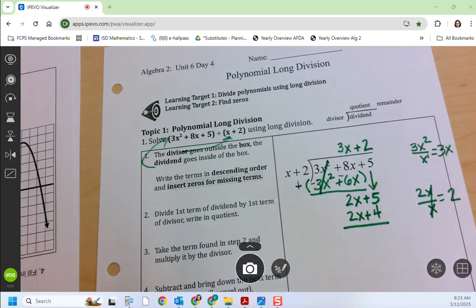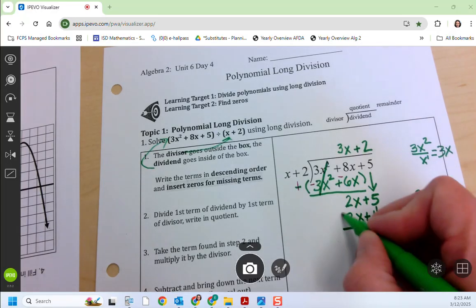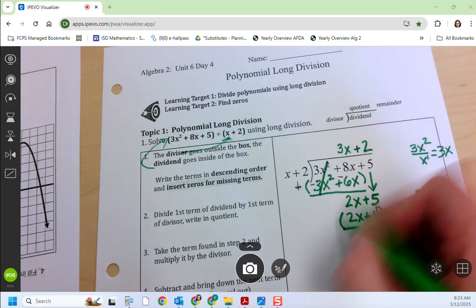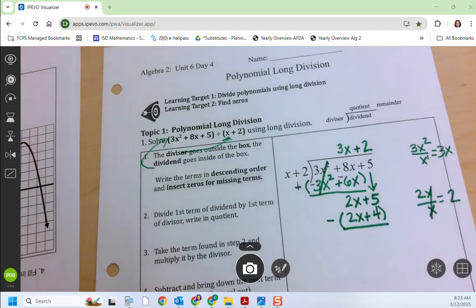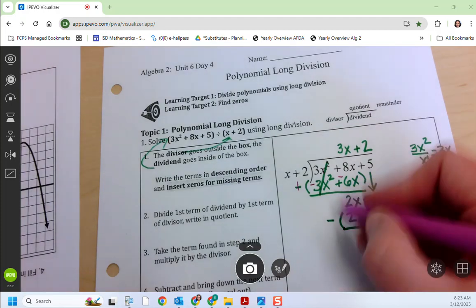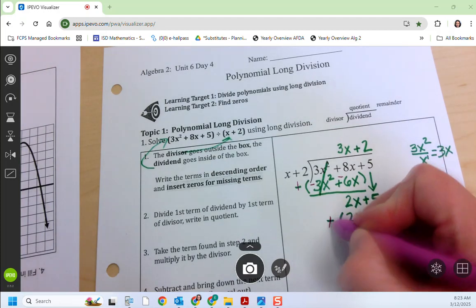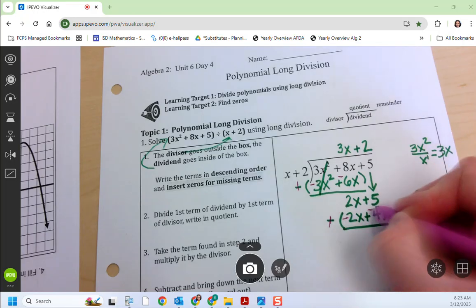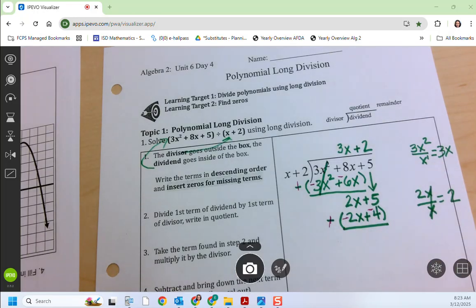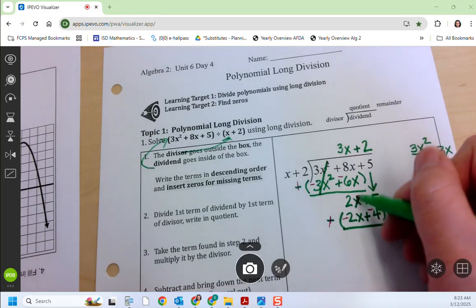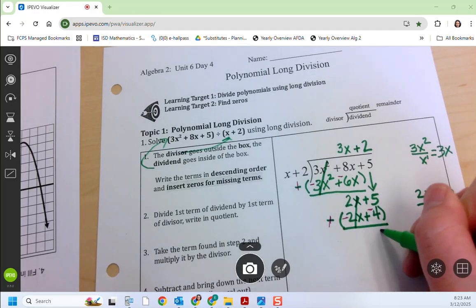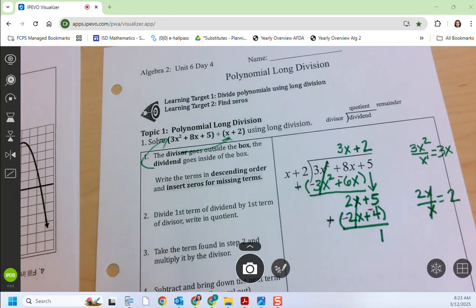I'm going to subtract. And again, it could help you to distribute that minus, so you can make that plus and then negative, negative, like that. First terms cancel, and that gets me 1. And that's my remainder.